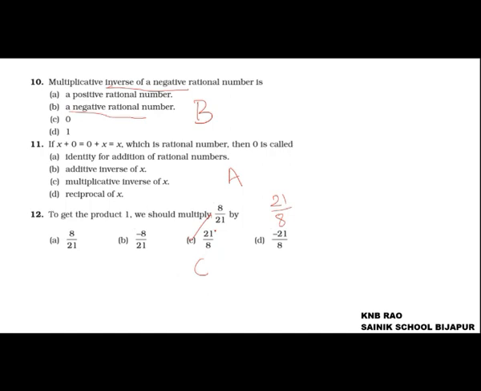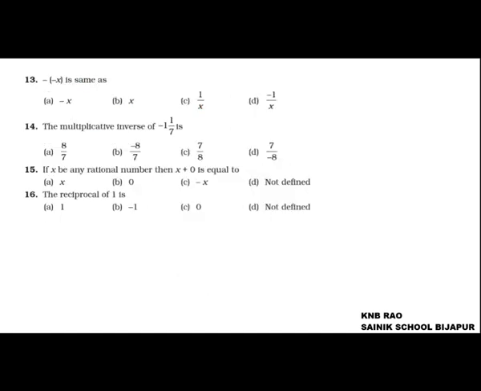Next set of questions. Minus of minus x is the same as x. So the right option is B. Next, the multiplicative inverse of minus 1 integer. First, convert 1 integer 1 upon 7. It is 8 by 7.